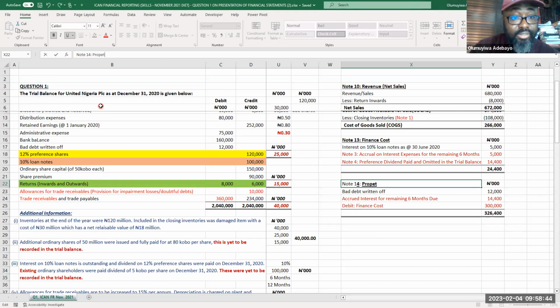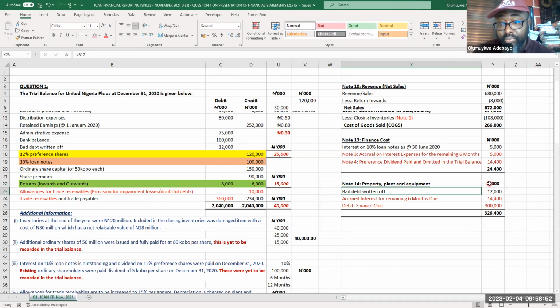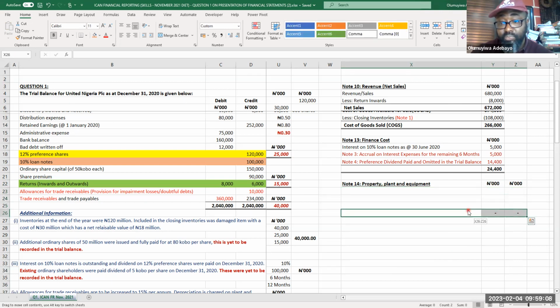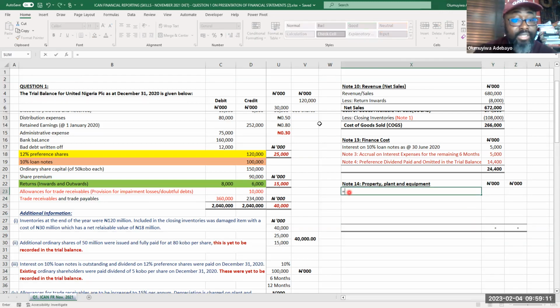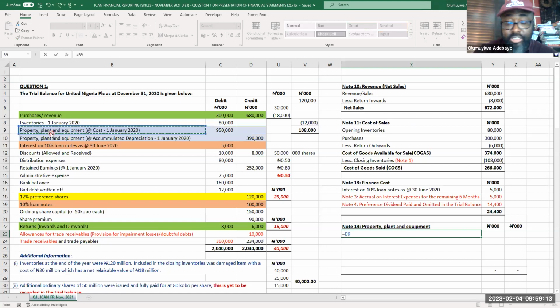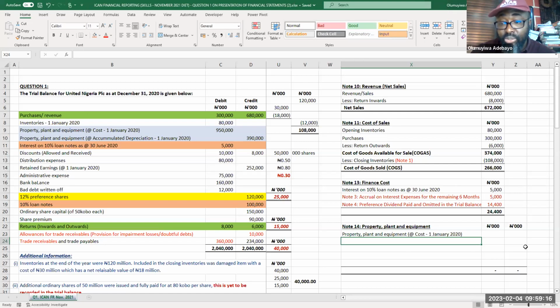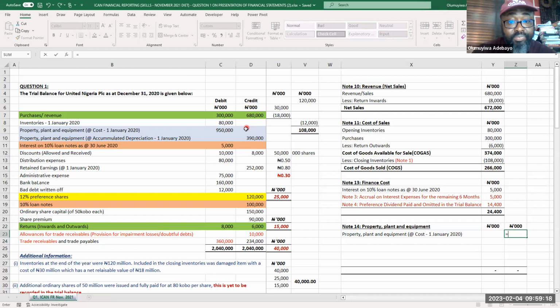Property, plant, and equipment. Okay. I start with my opening, which is my cost. There was no addition for the year. Therefore, I just take my 950.